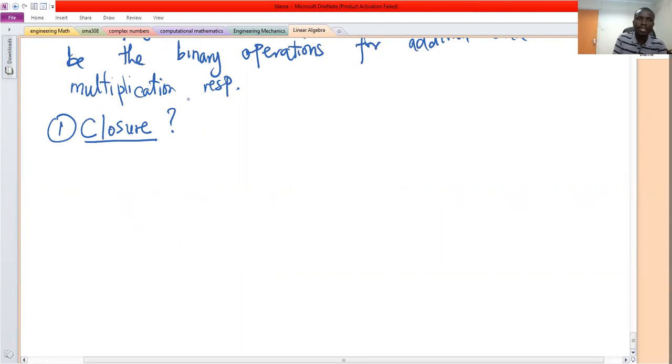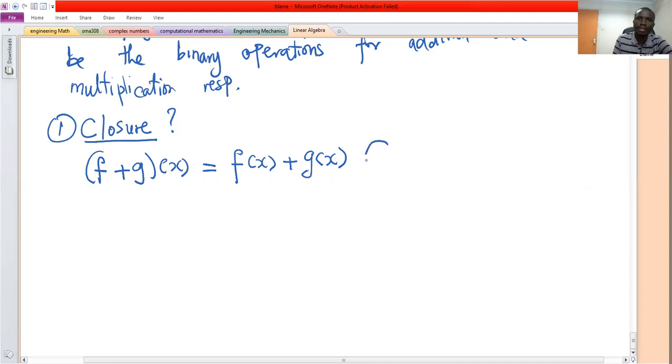Because we have already specified that F and G are functions in the set of all real valued functions in the open interval AB, then F plus G, this is how we define the sum of two functions, is the same as F of X plus G of X. And this is always a function within this set, for all X in the open interval AB.